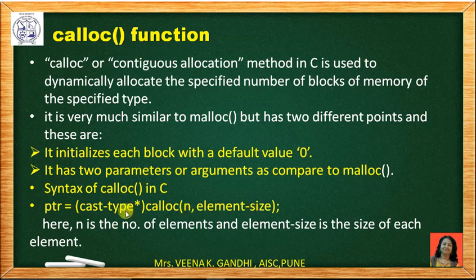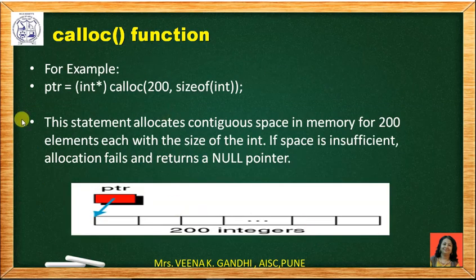So the syntax of calloc is void star pointer equals void star calloc, and we pass n comma element size, where n is the number of elements we want to store, and element size is the size of each type of element. It can be an int, a float, or a char: size of char, size of int, like that. For example, ptr equals int star calloc 200 comma size of int.